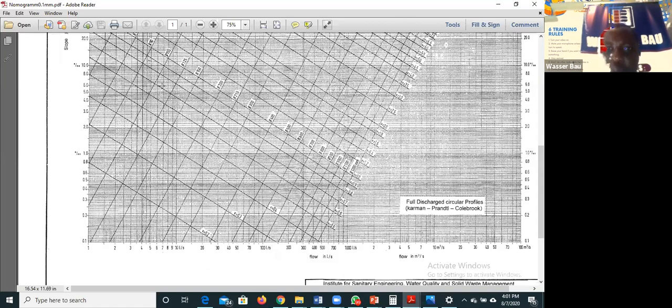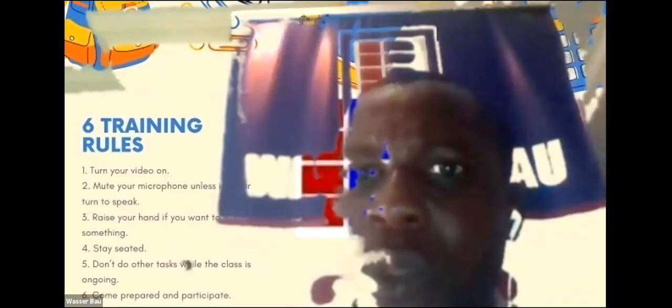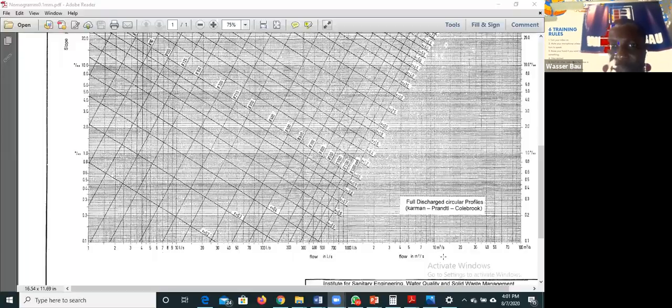It is falling in between two pipes, 100 mm pipe and 125 mm pipe. Yesterday we said when you have something like that, you are expected to choose the bigger of them.